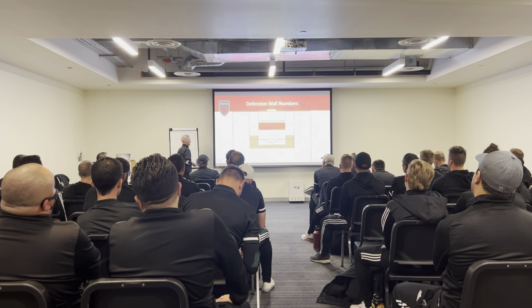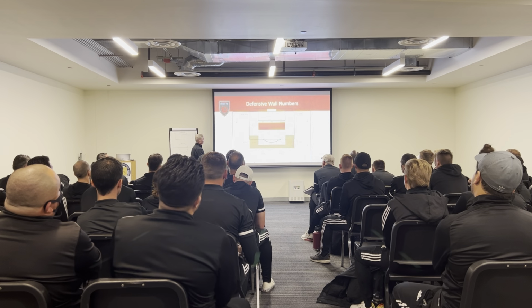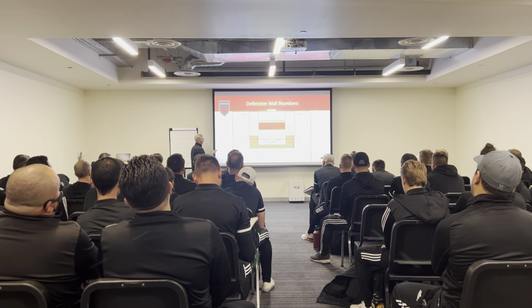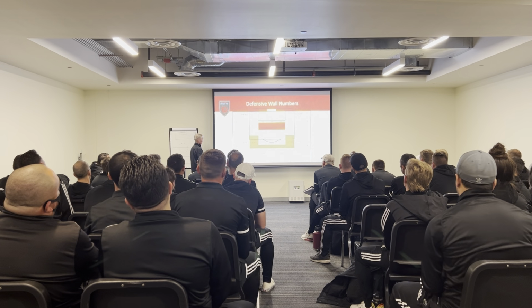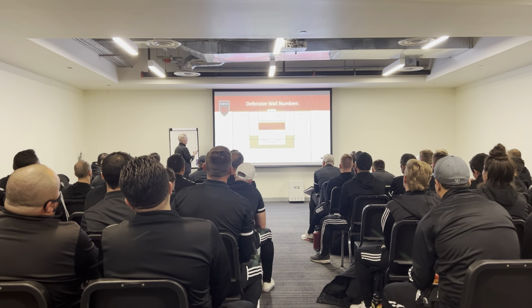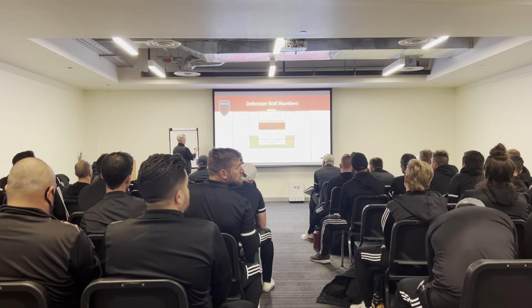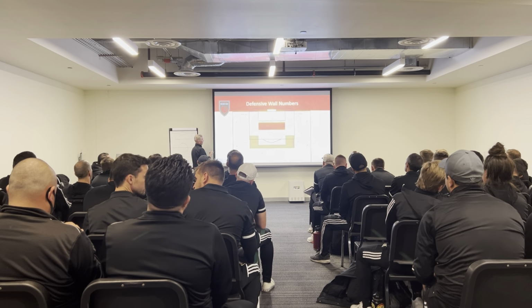Okay, so here is your field. There's your 6-yard line. There's your 18-yard line. The different colors represent how many players you have in the wall. So if the ball is out in the purple zone, you just have 2 on the wall. It says it right there.